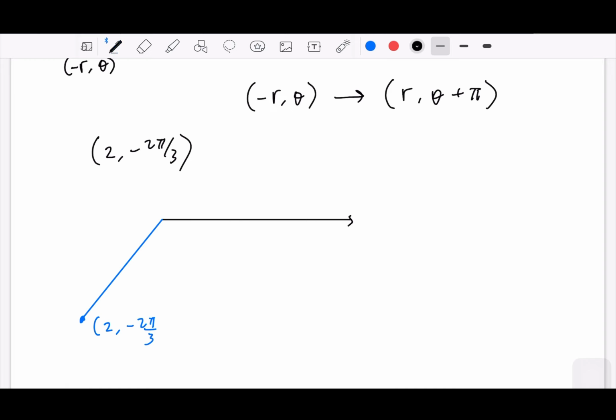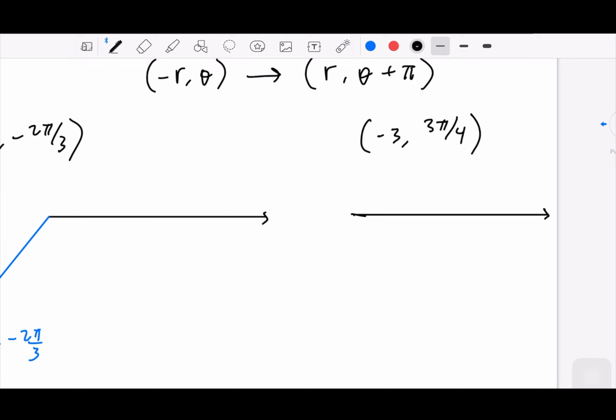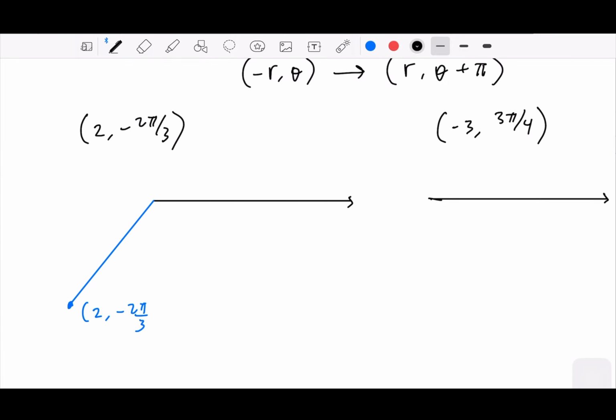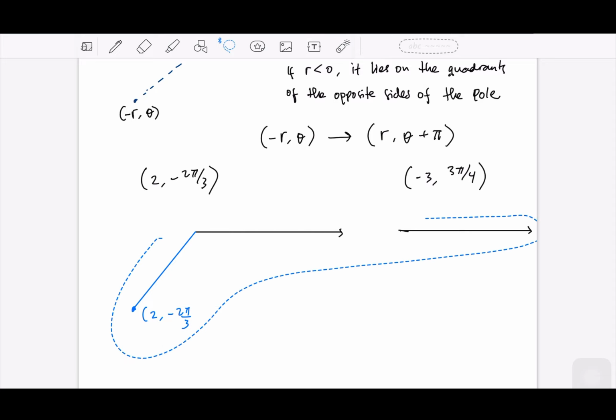And if you have, let's say, negative 3 and then 3 pi over 4. Let's say this is the polar axis. Or maybe I need to make it smaller here.